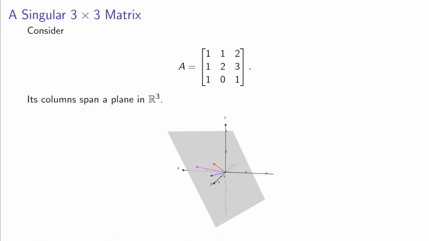So if we think about the parallelepiped formed by those vectors, thinking of the columns as vectors, then its volume would be the volume of a part of this plane, a two-dimensional object, and the volume of a two-dimensional object is just going to equal 0. And so the determinant of this matrix, if we're thinking geometrically, is equal to 0.